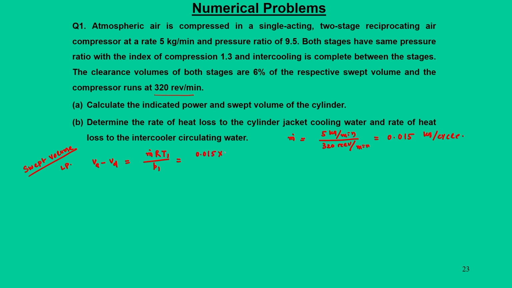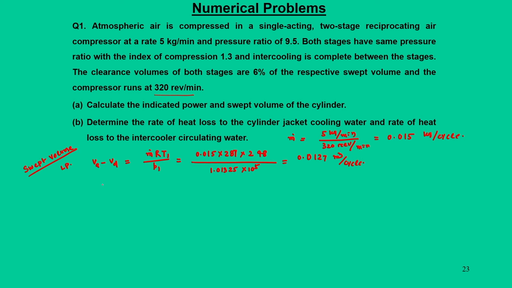So, this turns out to be 0.015 kg per cycle, and then we can write this induced volume as 0.015 into R is 287, temperature is 298, pressure is your initial pressure 1.01325 into 10 to the power 5. So, this number is 0.0127 meter cube per cycle.